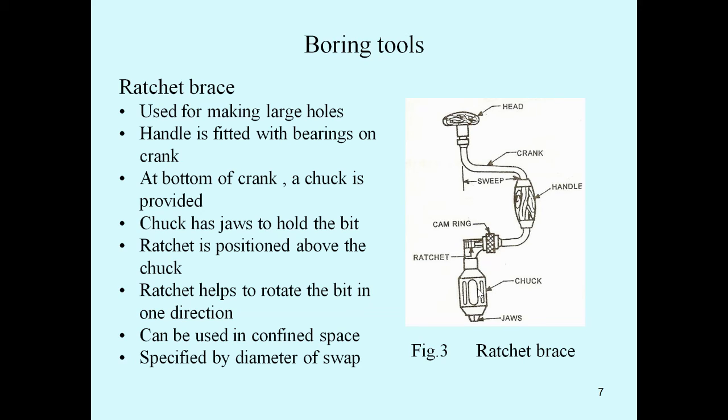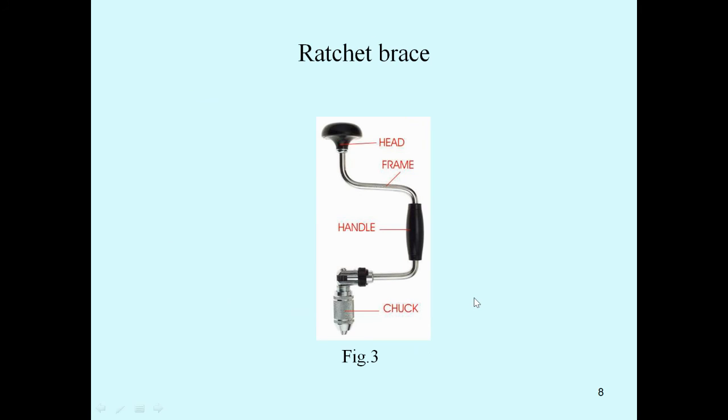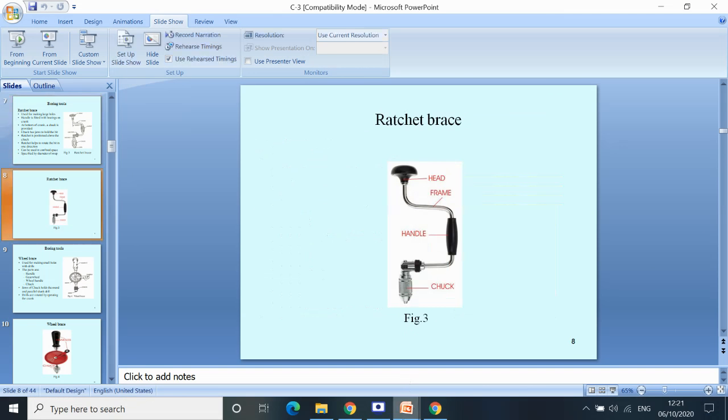It is specified by the diameter of the sweep. You can see the diagram here, the ratchet brace. In the next class we will continue.